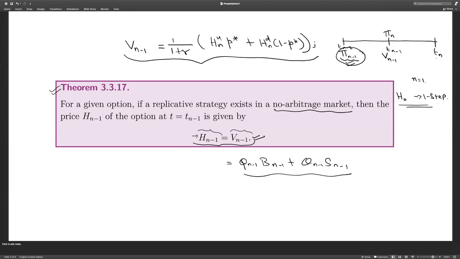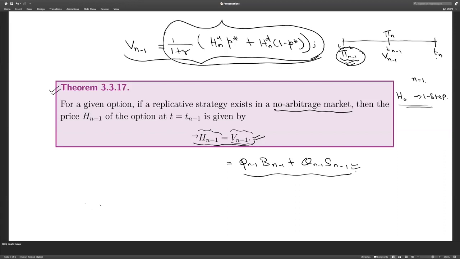With that, you will conclude that you can take Hn minus 1, that is the price of the option at t equal to Tn minus 1, as precisely Vn minus 1, which is given by this, and that in fact can be written in this form using the self-financing condition, right?